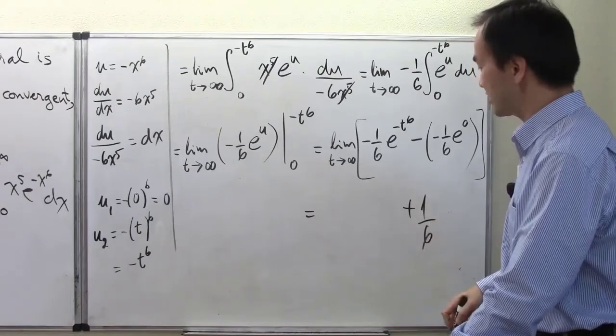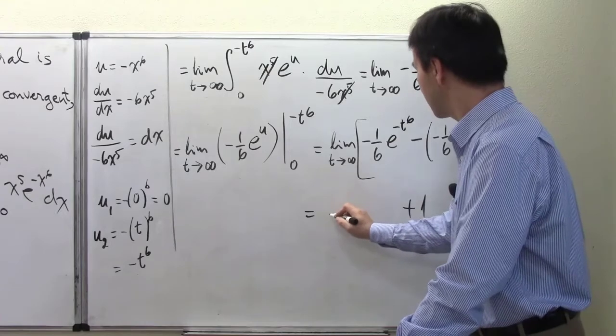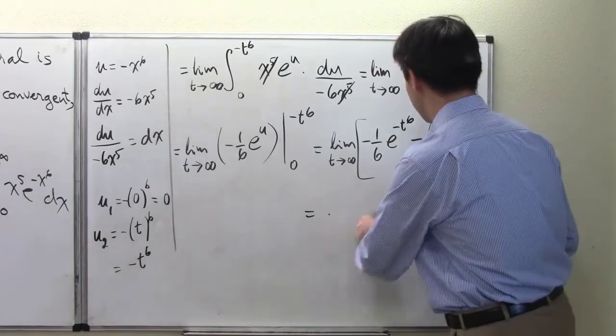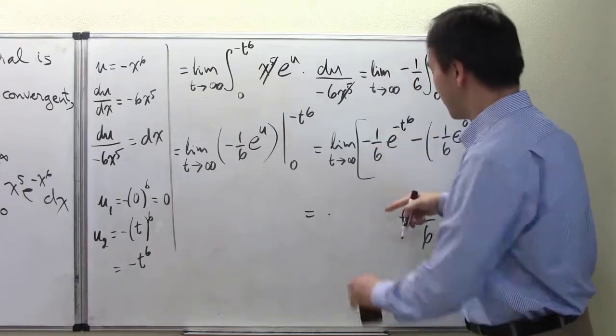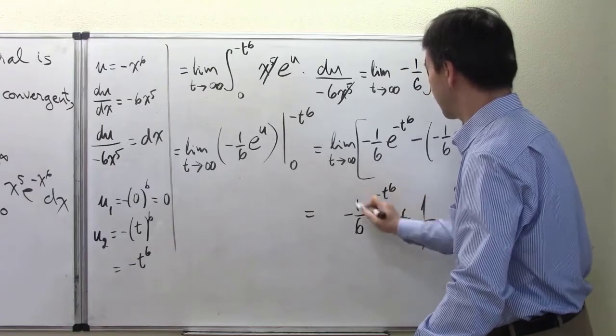And then that first term here is a negative 1/6 e to the negative t to the 6th.